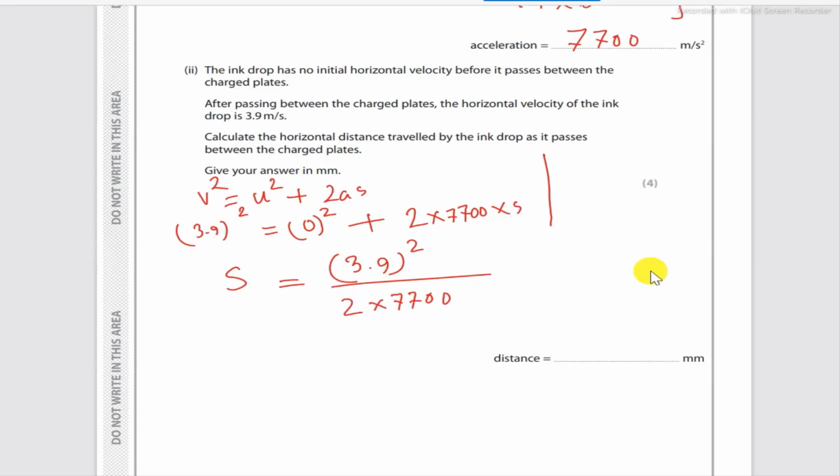So distance will be 9.9 10 to the power minus 4 meter. In millimeter it is 0.99 millimeter. So answer 0.99 millimeter.